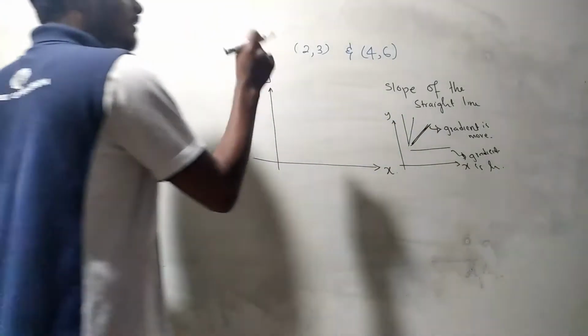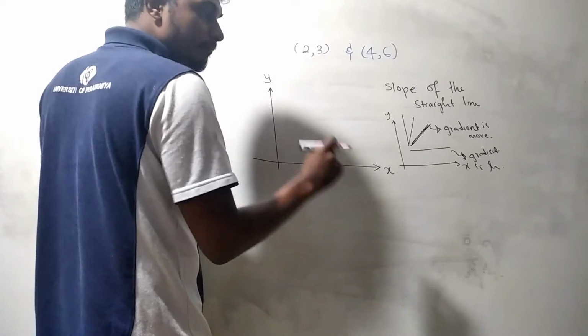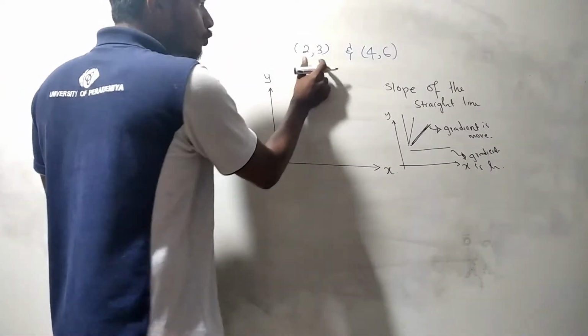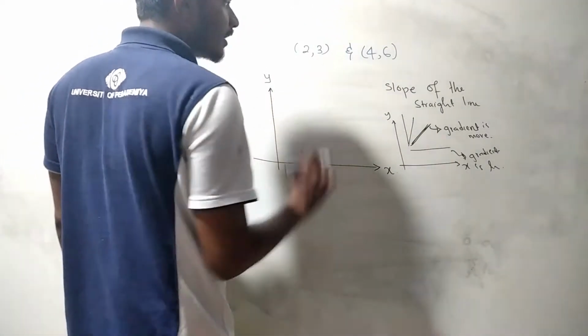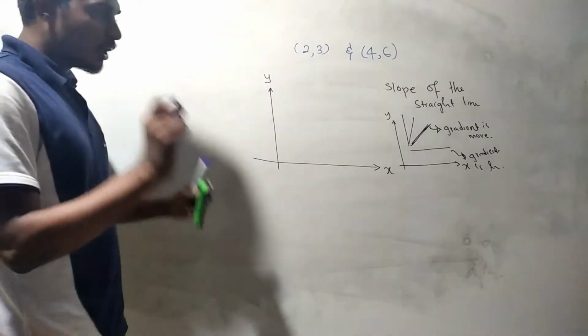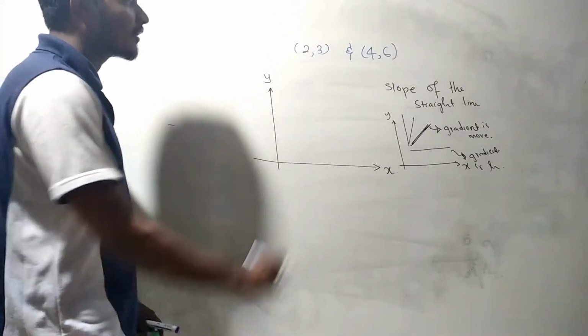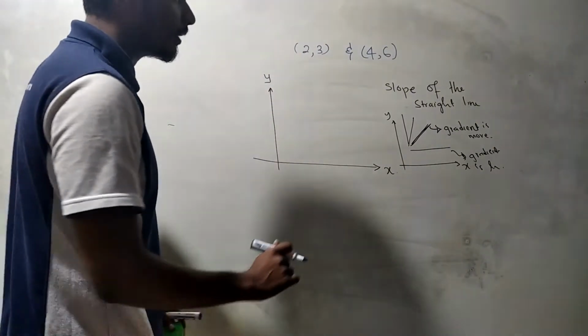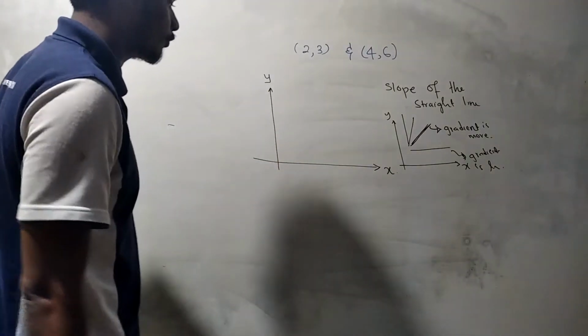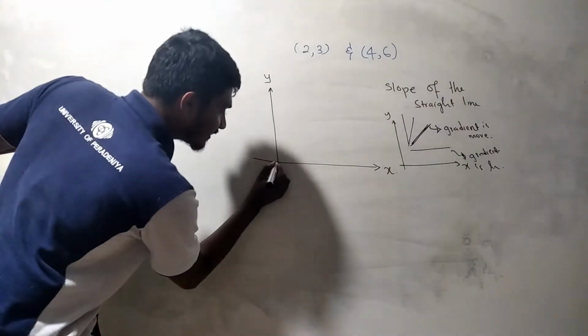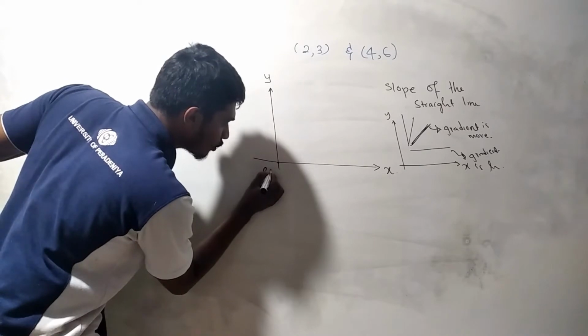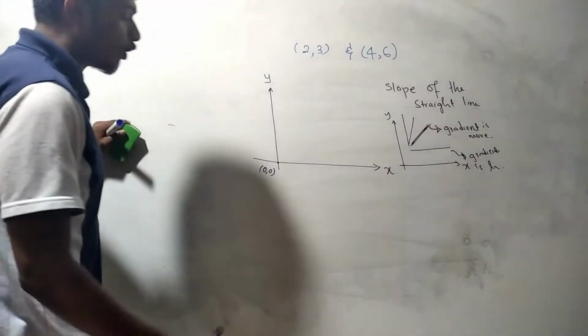Now the line is passing through 2, 3 and 4, 6, and you are supposed to find the gradient of this line. This is your 0, 0 point, in other words the origin.